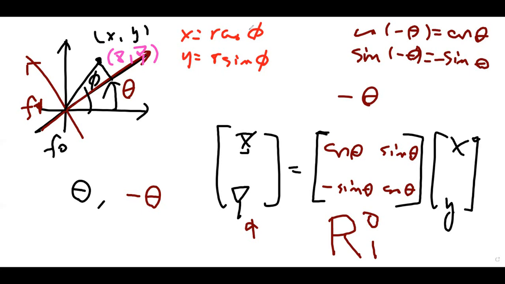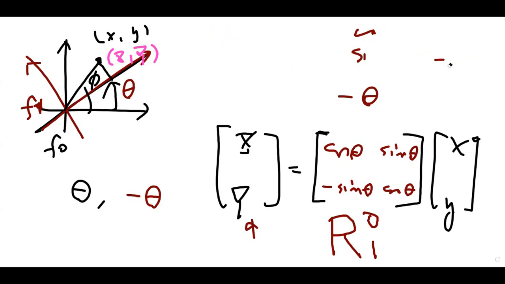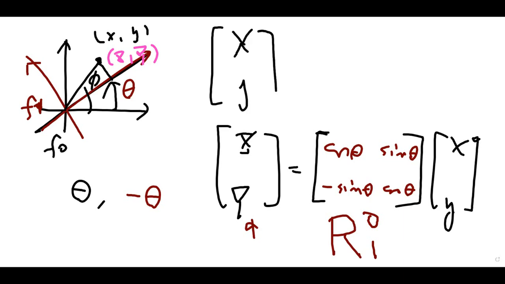Now let's do the opposite operation. Let's go back. If I have big X, big Y, how can I solve for my xy?